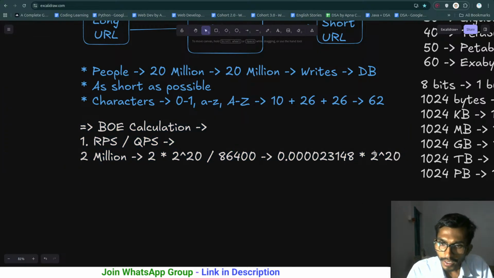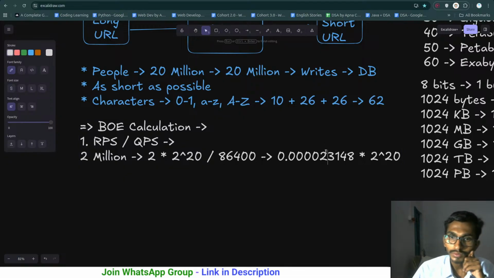Now if I want to have at least 3 digits here, so at least these many digits: 1, 2, 3, 4, 5, 6, 7.